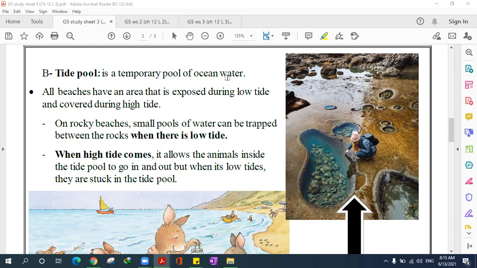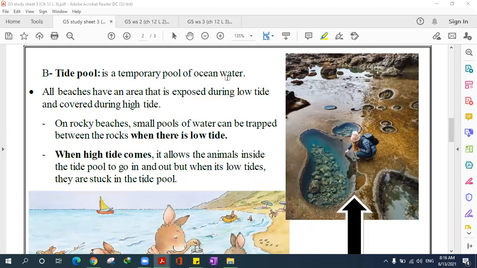Okay, so the tide pools again are temporary because we have high tide and low tide. During the high tide, focus on this point: can we still see the tide pools or are they covered with water? Covered with water, yes, we can't see them. Well done.